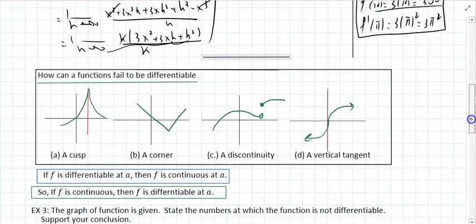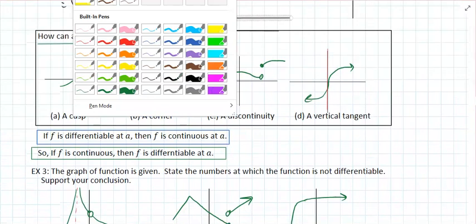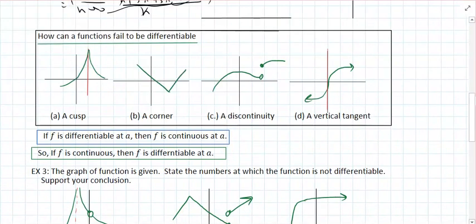Now, how can a function fail to be differentiable at a cusp? If you look at the cusp, the slope of the tangent, remember how that works? Eventually you'll reach a slope of a tangent that is undefined.